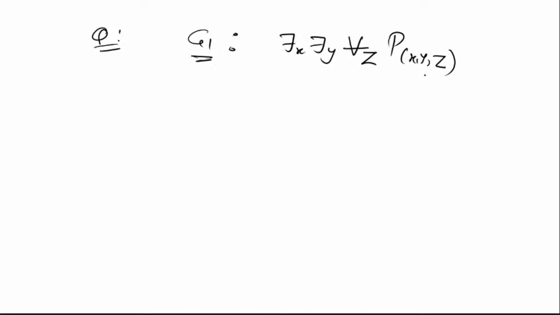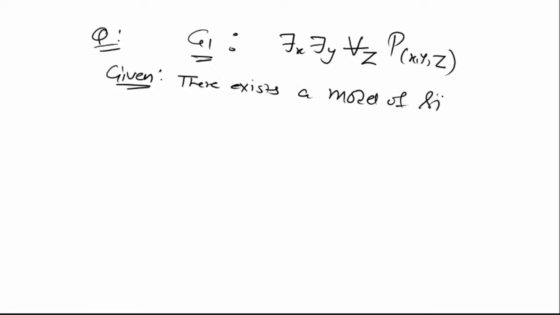Now for this formula, let's assume this is the given information: there exists a model of size 3. Let's assume that each variable has the same domain.